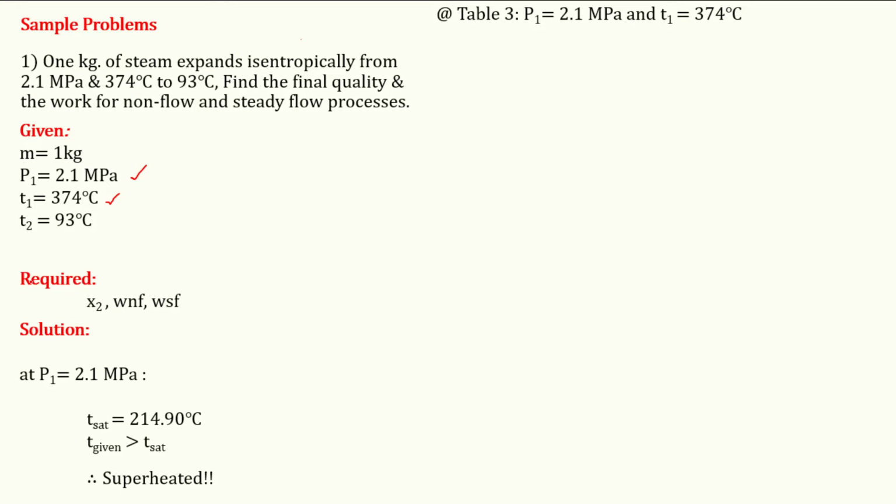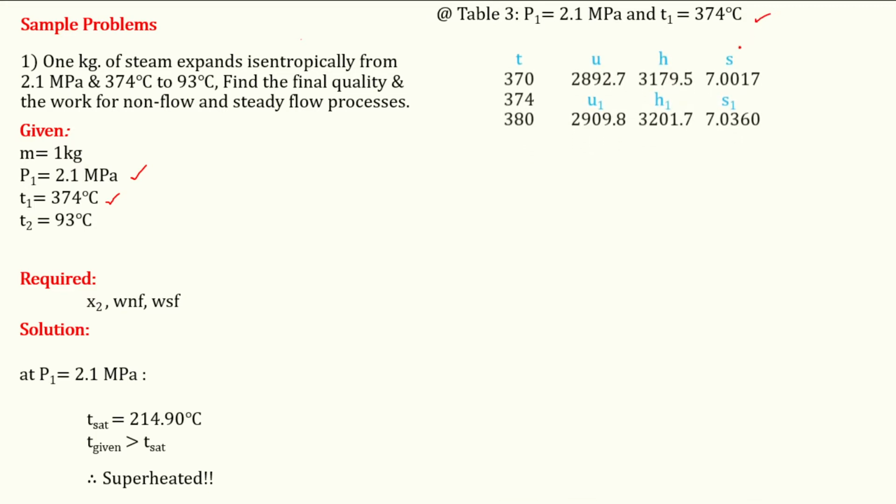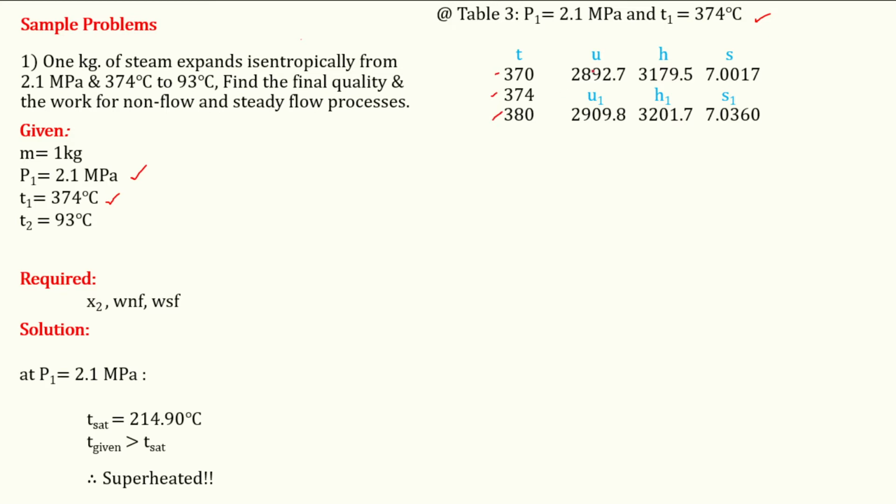So, 2.1 megapascal, may eksakto yan eh. Ang walang eksakto lang dyan is yung T1, which is 374 degrees Celsius. So, ang 374, napapagitnaan siya ng 370 and 380 degrees Celsius. So, kunin na natin ang properties at 2.1 megapascal and 370 degrees Celsius.